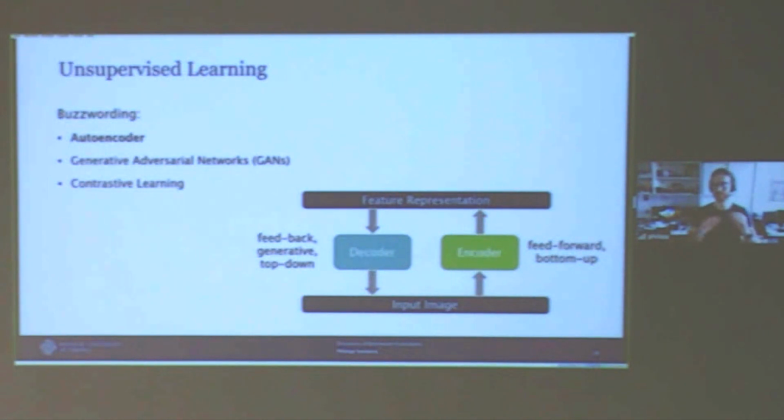The idea is that the encoder needs to throw away all the irrelevant information and just learns a representation that describes the data in a good way. And then with the decoder, you try to reconstruct the input image. Only if the features are good, you're able to reconstruct the input image. This is just one example of how you can do unsupervised learning, but it's one of the most widely used and also one of the most successful approaches in unsupervised learning.